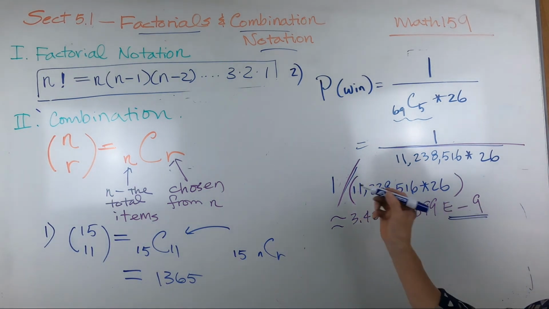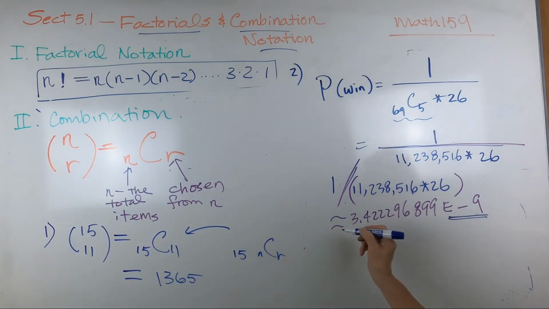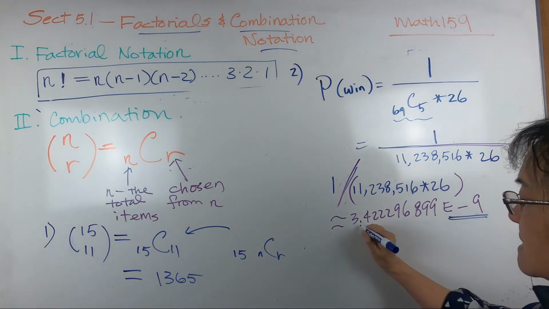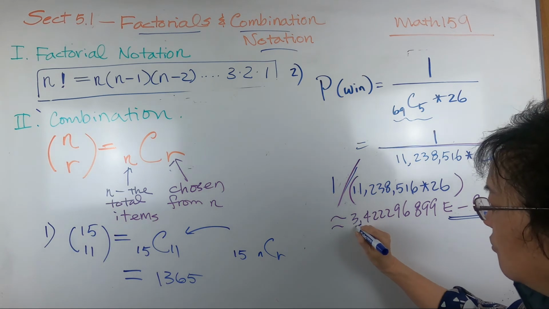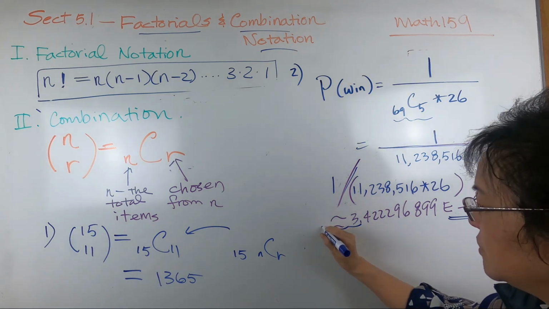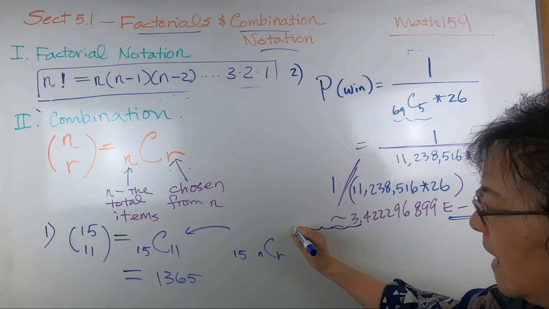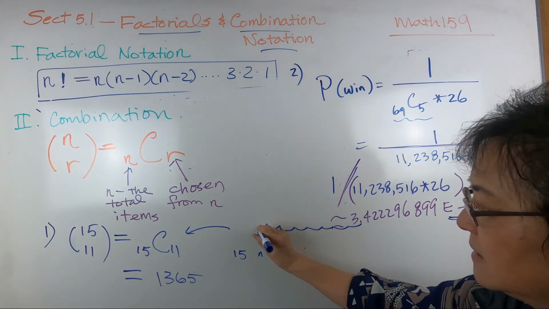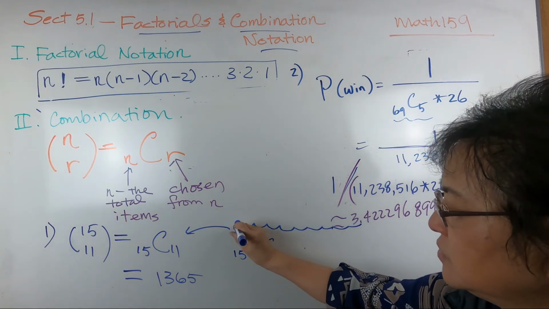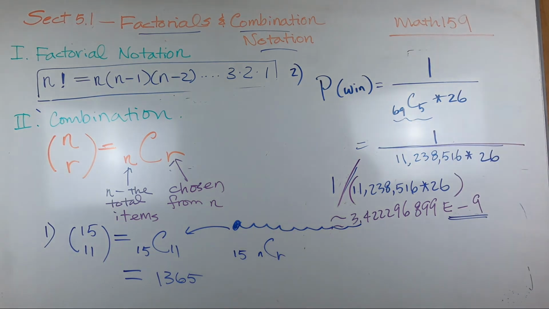Negative means you move to the left, right? The number becomes smaller. How many places? 9 places. So you have to move 1, 2, 3, 4, 5, 6, 7, 8, 9. So your new decimal should be here.